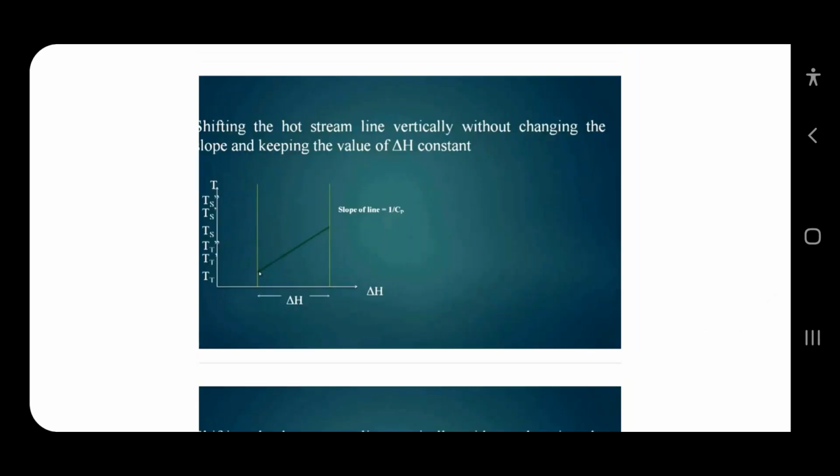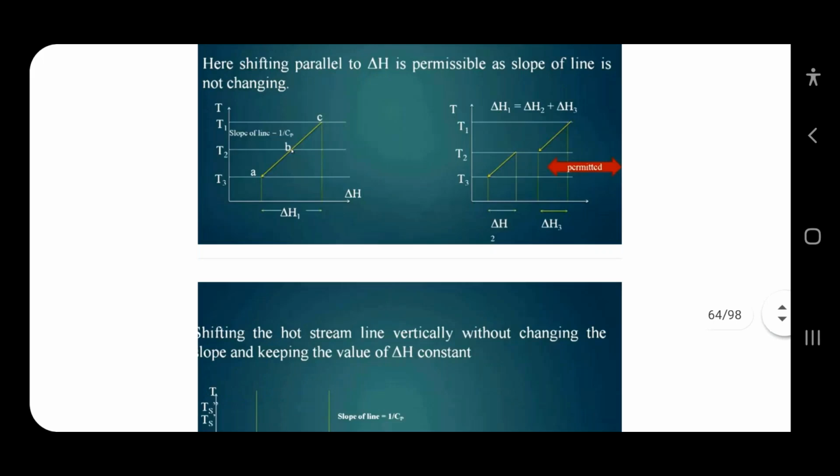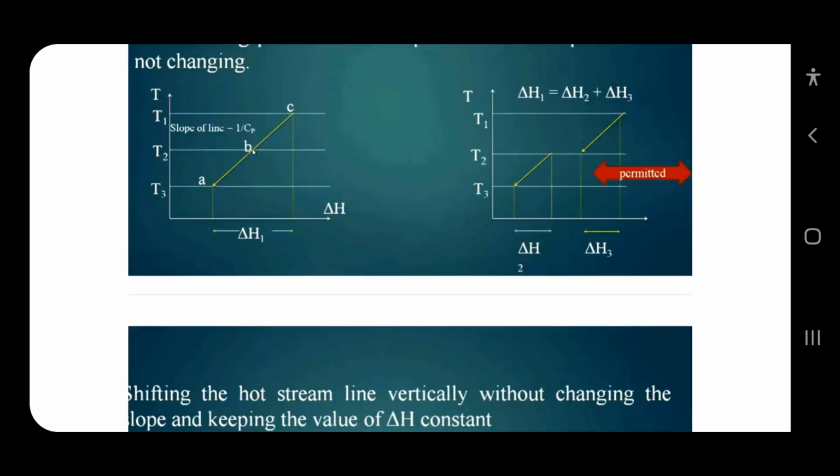There are two hot streams, so they are merged. You have to move this hot stream 1 parallelly towards the left to reach the delta H2, that is hot stream 2.